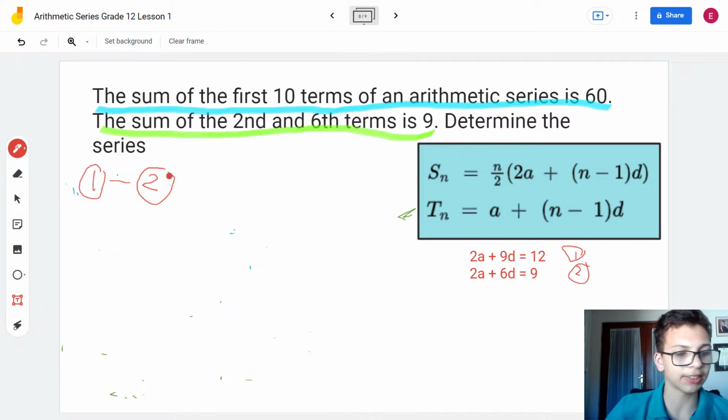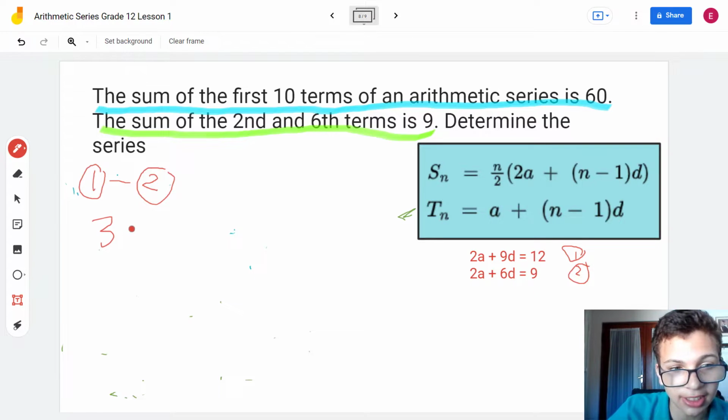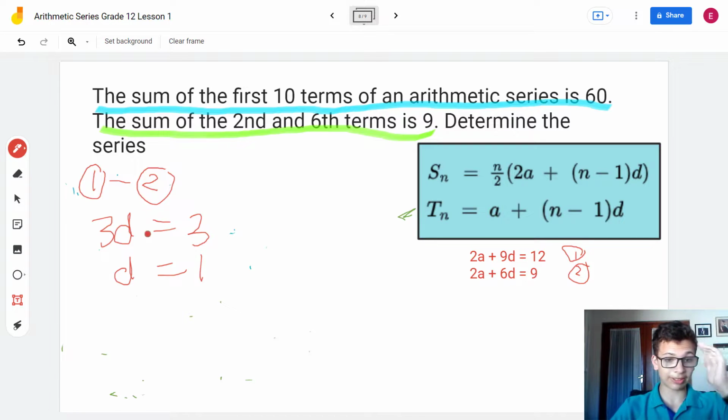And what do we get? Well, we get 2a minus 2a. So the a's will cancel, and we get 9d minus 6d. So 3d on the left hand side equals 12 minus 9 equals 3. So we actually get that d equals 1. Okay, so we have d equals 1.